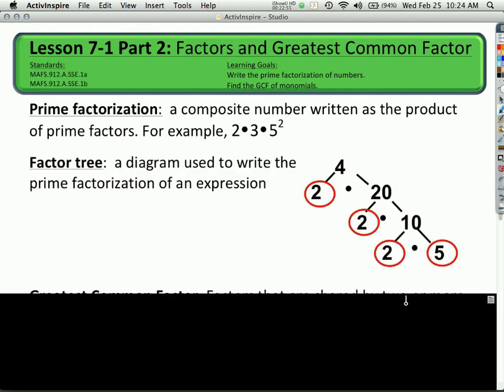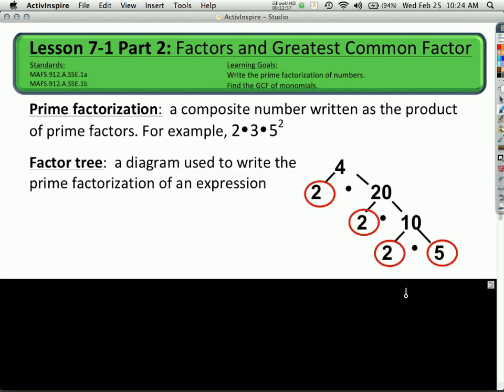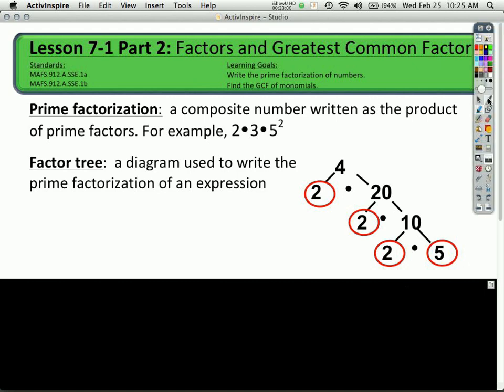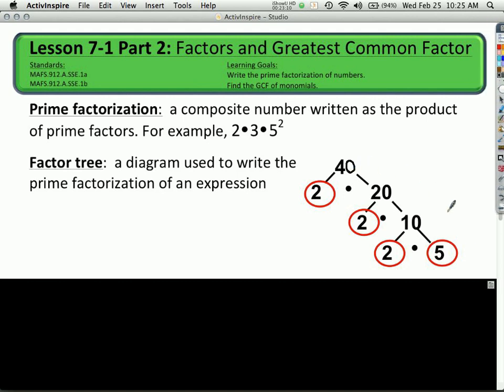So, a factor tree can be used to find a prime factorization, and here's an example. You start with something got messed up. This is supposed to be 40. I apologize for that. I don't know what happened there. So we start with the number 40. If we would like to know the prime factorization for 40, it's 2 times 2 times 2 times 5.